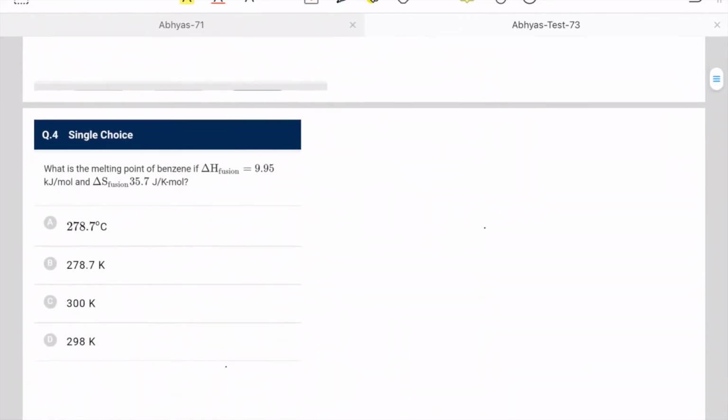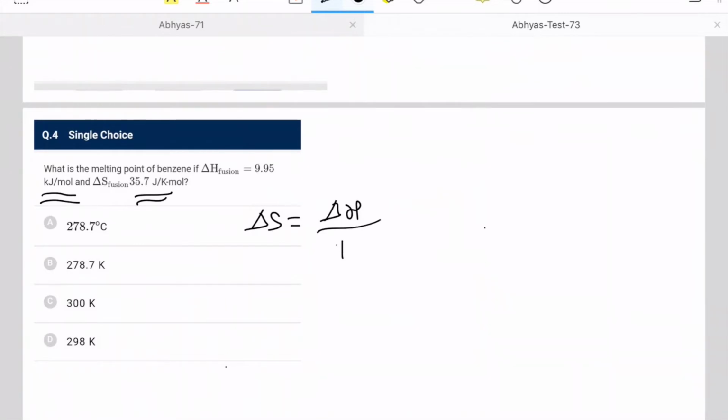So what is the melting point of benzene if delta H fusion is 99.5 kilojoules and delta S is given as 35.7 joules? Here kilojoules he has given, here joules he has given. We have to remember this. So we can write down the formula: delta S is equal to delta H by T. Delta H value will be 9.95 into 10 to the power of 3, since joules and kilojoules, then T is the same.